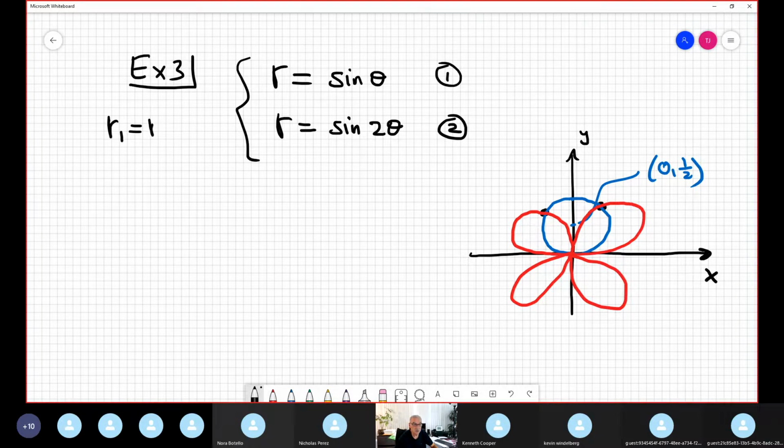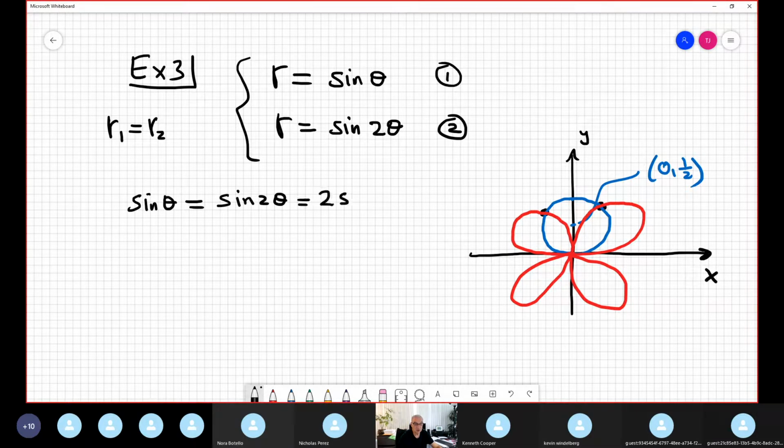R1 equal R2. The radius is the same. Sine theta is equal to sine 2 theta. Okay, now I need to do something. In this case I can see we have the double angle formula.